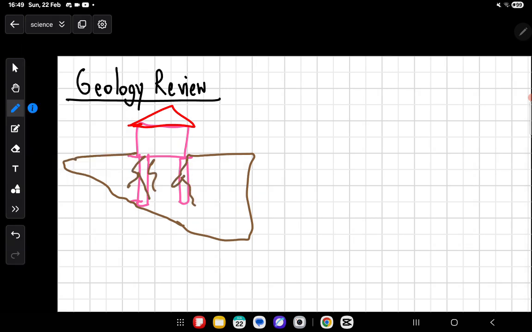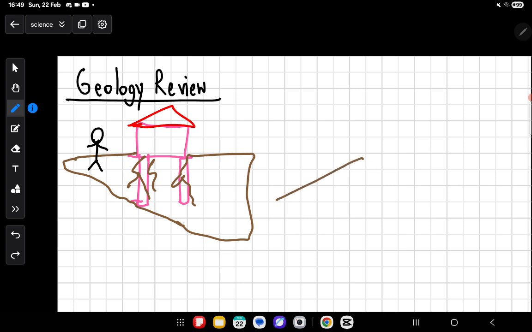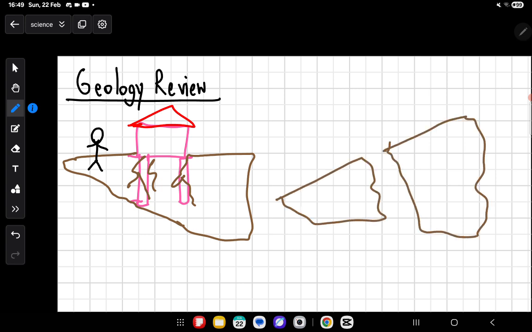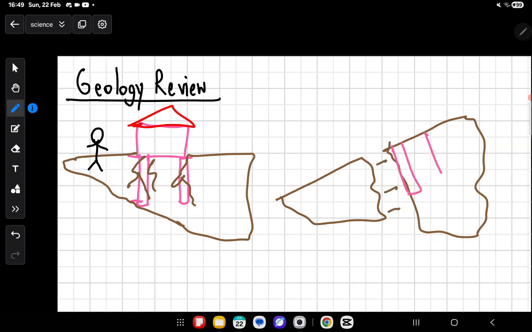Now let's get our little man here. We're calling him Little John. Little John is the owner of this house. He doesn't know what's coming next. Then the land slides, right? It's sliding from its original place, and that is because the house poles underground had formed a crack.